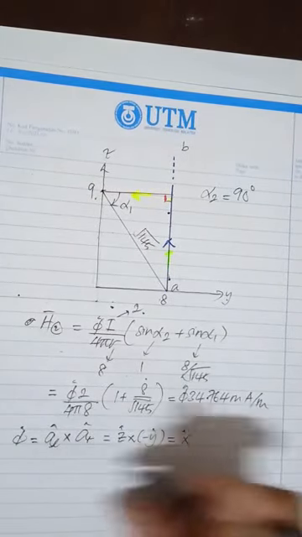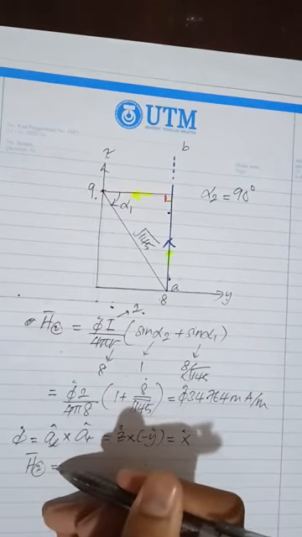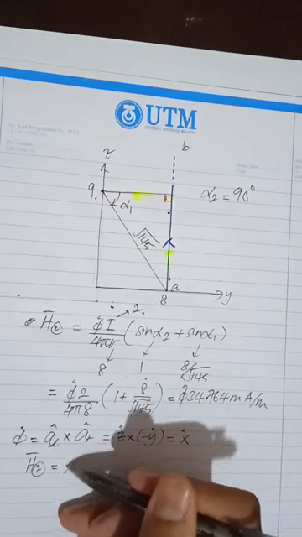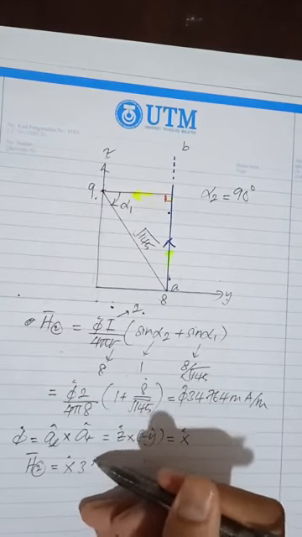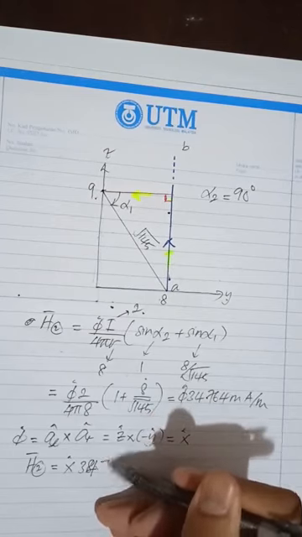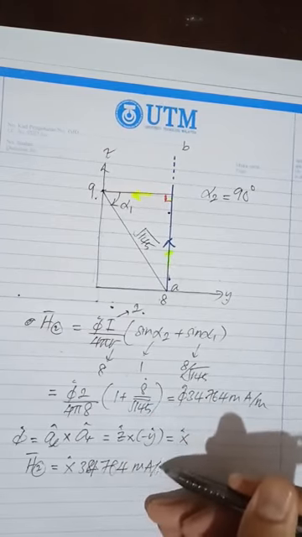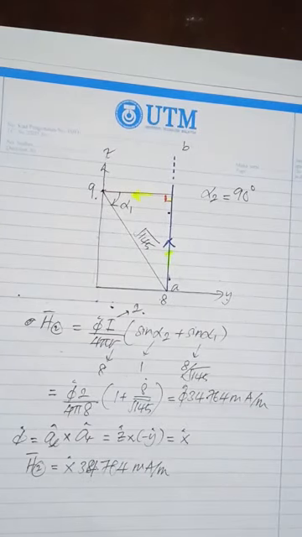So you can say that H2, the H due to the second current element, has an X component of 34.764 milliampere per meter. That's the value of H2 due to the second line current.